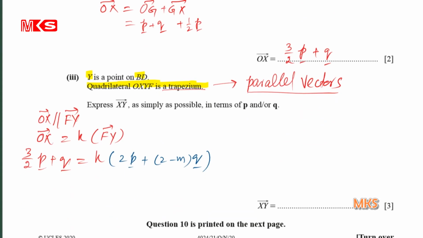So that will make the situation 3 over 2p plus q, that should be equal to 2kp plus k times 2 minus mq.